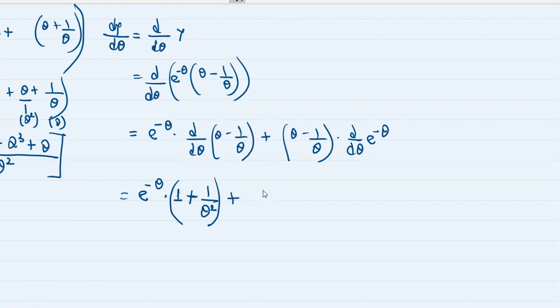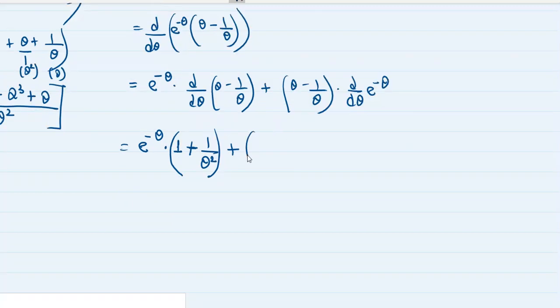Next we have d by d theta of e raised to minus theta. So here we get theta minus 1 upon theta bracket d by d theta of e raised to minus theta. So we have to apply the chain rule over here. First we'll treat e raised to minus theta as e raised to theta.